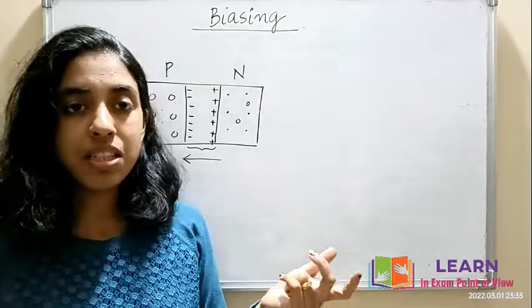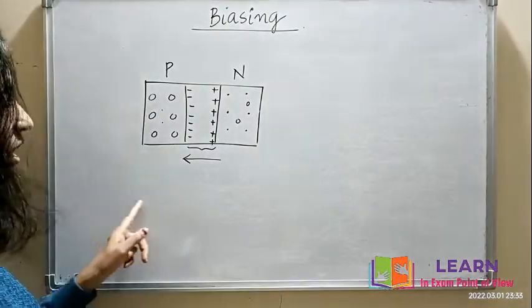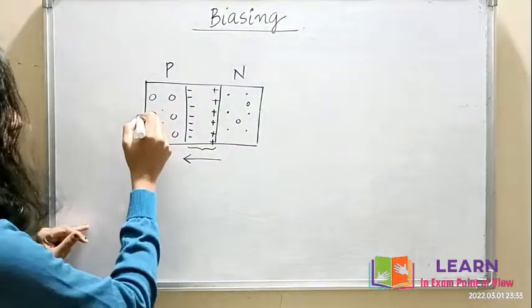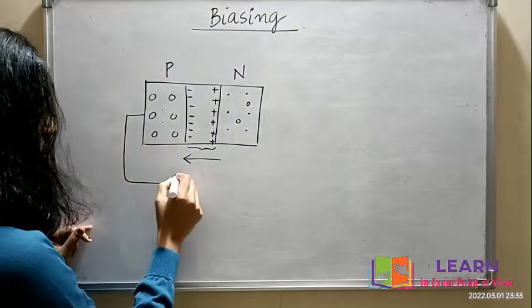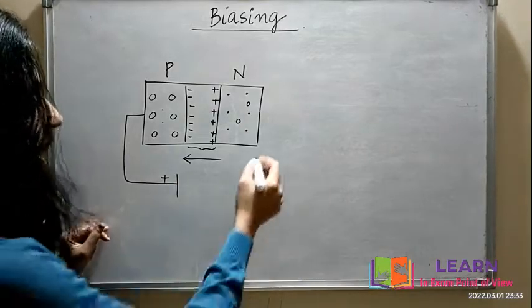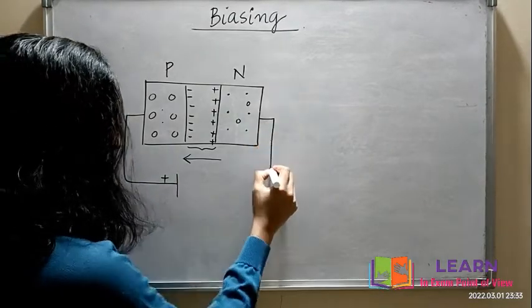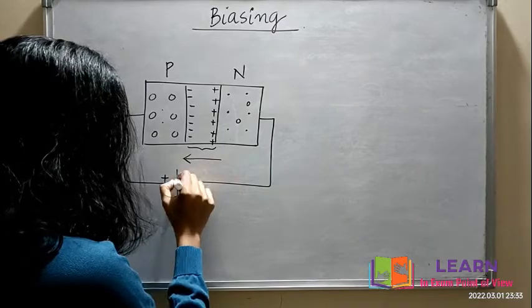Forward biasing means when p-type is connected to the positive terminal of the battery and n-type to the negative terminal of the battery.